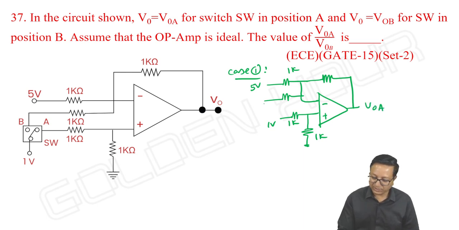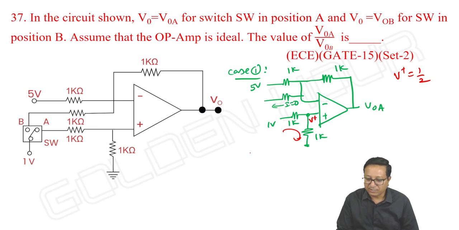Like this, a circuit in air, so here no current is possible. And what about V plus? Using the voltage division rule, I can write V plus is equal to 1 by 2. And this is in no way playing any role in the circuit.